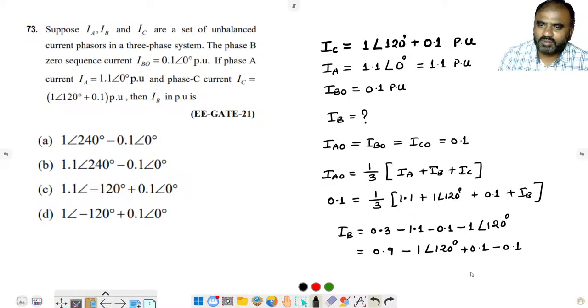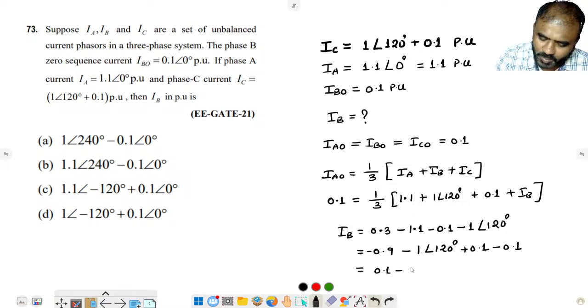Yes or not? Clear? By the way, this is minus 0.9, because minus 1.2 plus 0.3 is minus 0.9. You are adding 0.1 and subtracting 0.1. So what can I write now? I can write 0.1 as it is. This is minus 0.1 minus 0.9, that is minus 1. So minus 1 minus 1 at an angle 120.